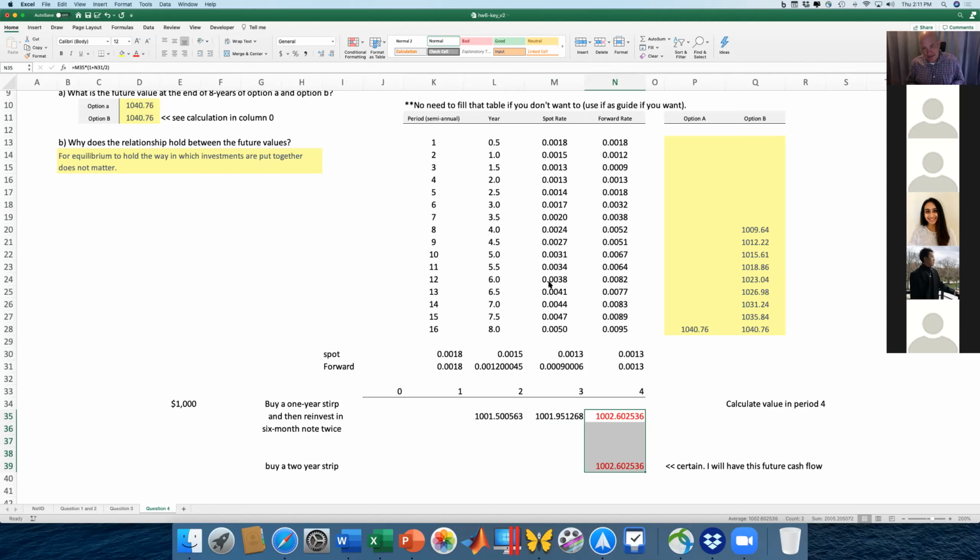That's what the yield curve is implying and the forward rates, and the forward rates have to be such that you can make these investments either way and you get the same expected future cash flow.